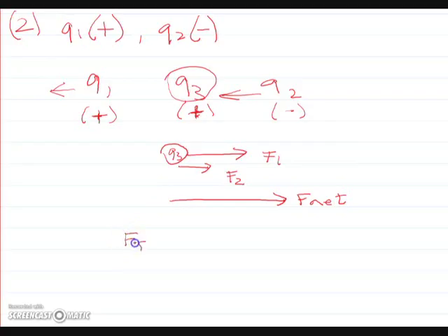So force total is going to equal F1 plus F2, and we'll get a grand total of 129.6 newtons, again to the right.